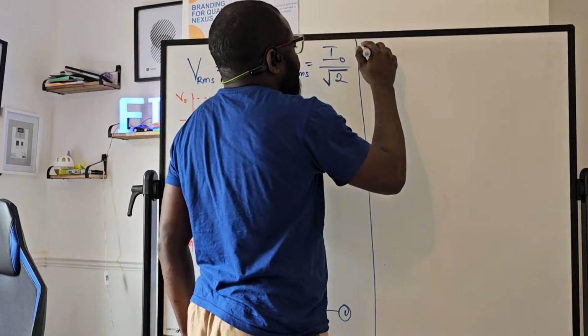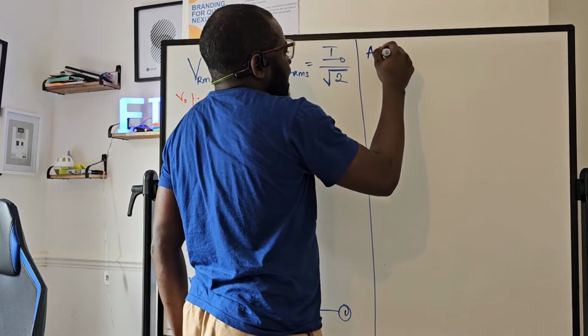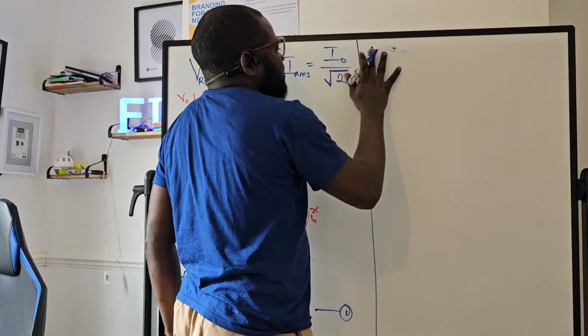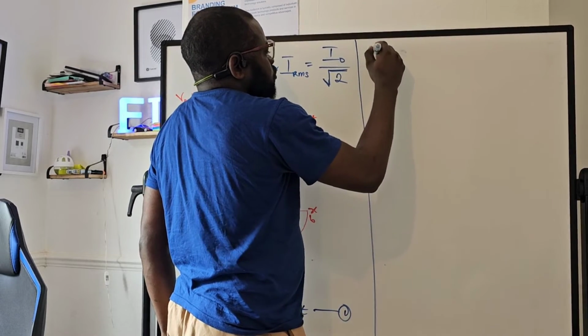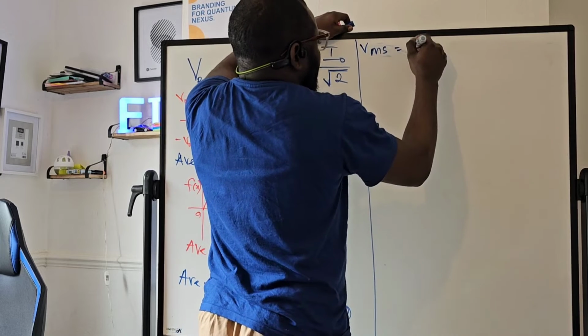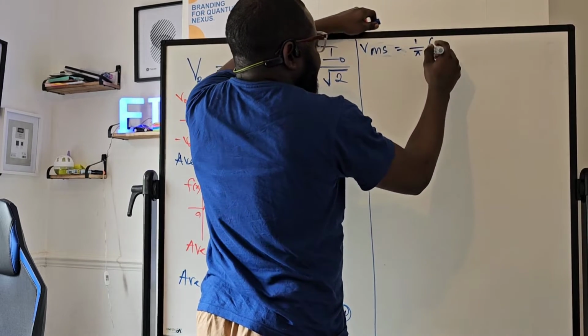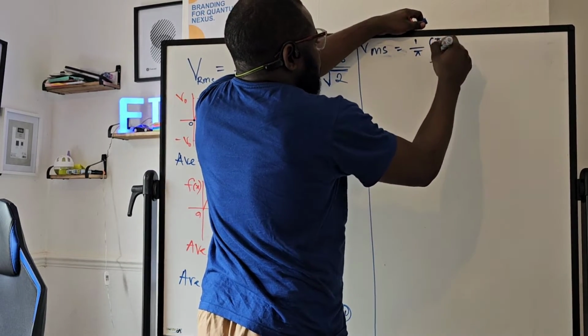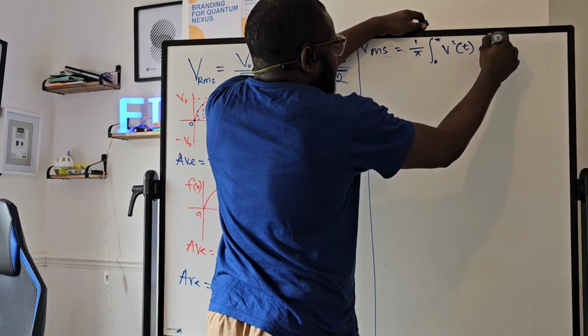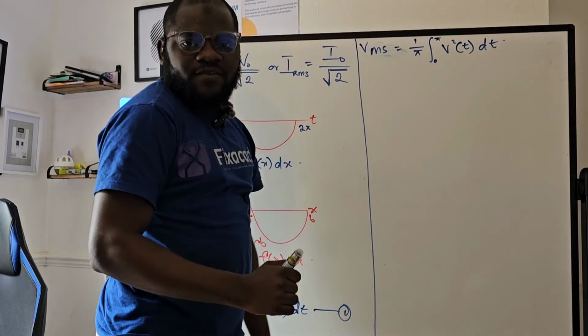So what does that mean? I will have that average, that is average root mean square or mean square. Let me just put it as mean square so that you understand. So mean square voltage is now going to become 1 all over pi, the integral from 0 to pi of v squared of t dt. Have you seen what I'm having now?